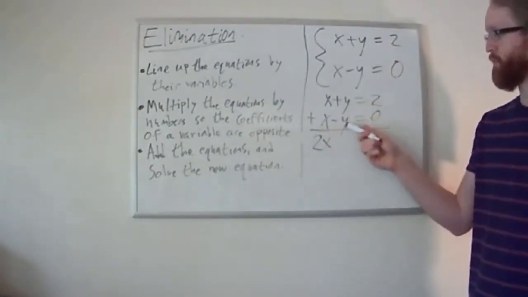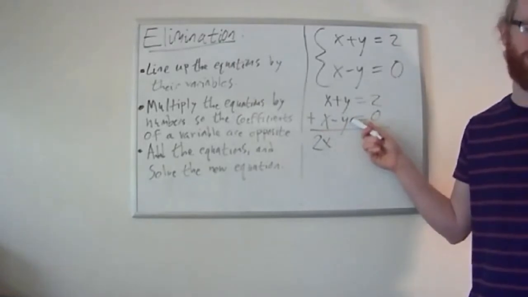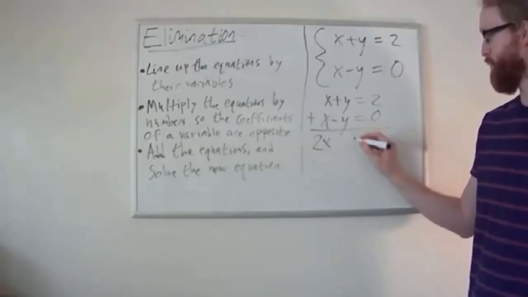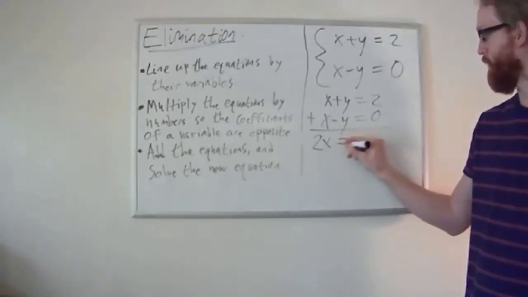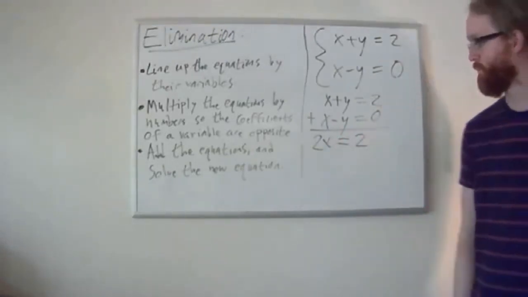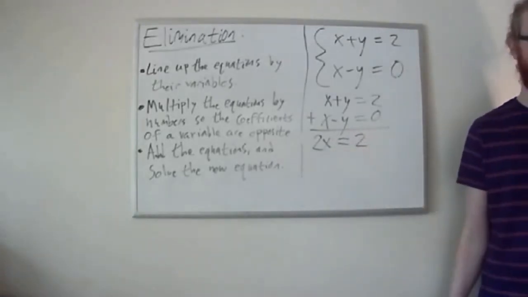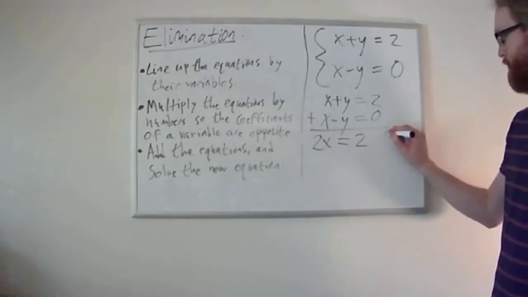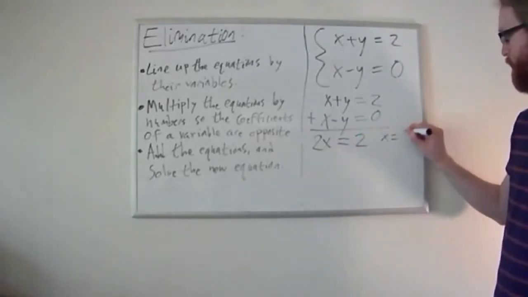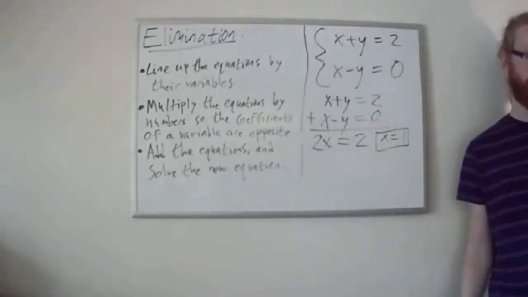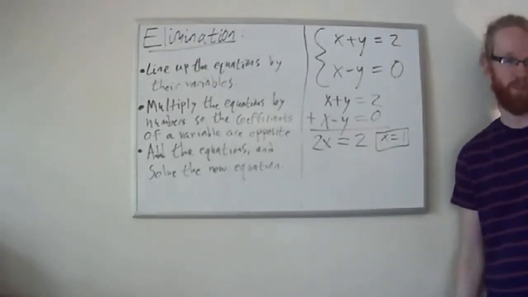And I have y plus negative y, which is 0. They cancel out because they have opposite signs, and so there's no y term. I get 0y. And then 2 plus 0 is 2. So the new equation I get is 2x equals 2. If I solve that for x, I divide both sides by 2 and get x equals 1. So again, we see x is 1.